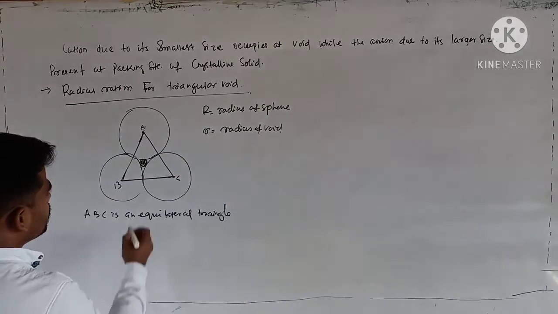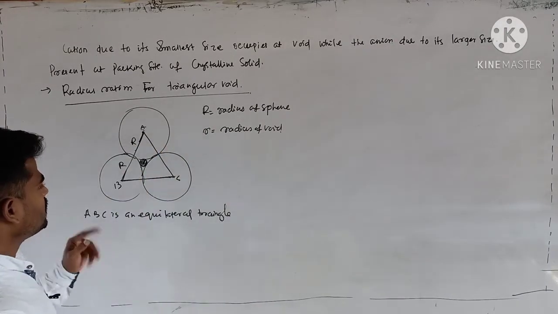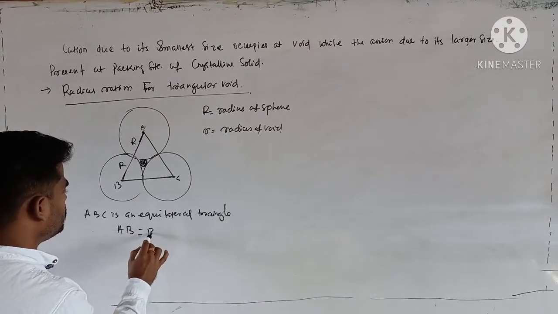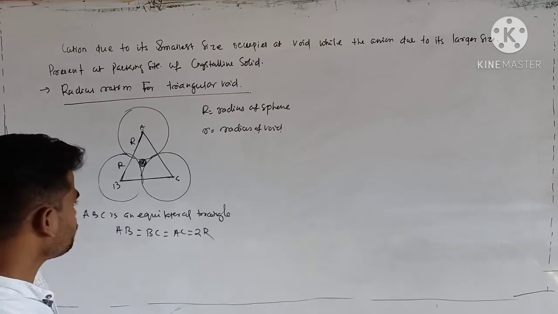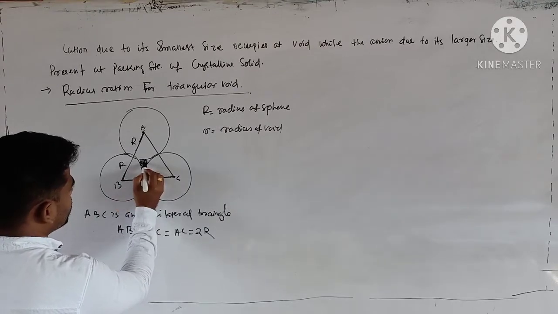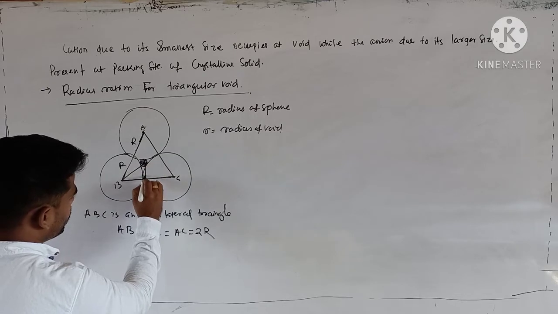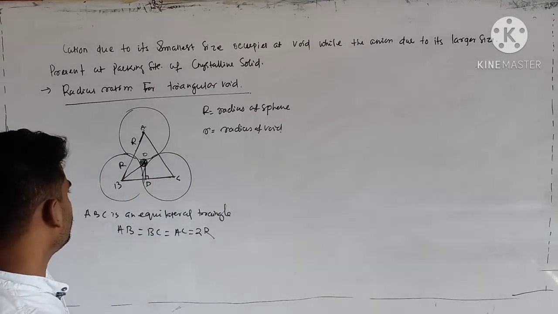Can you tell me the length of BC or AB? You see here, this is capital R and this one is capital R, so each side has length 2R: AB equals BC equals AC equals 2R. Is that clear? I can join the center of the void O with B, and draw a perpendicular BD.